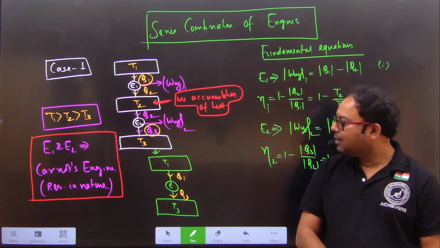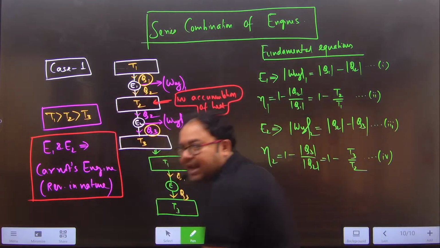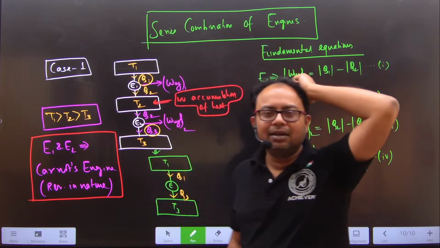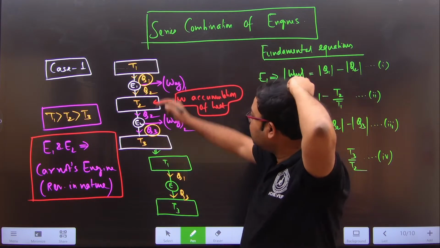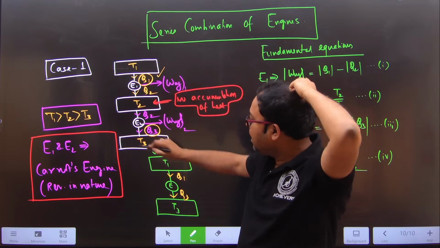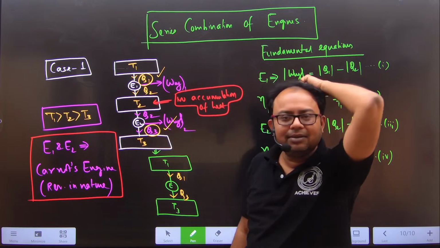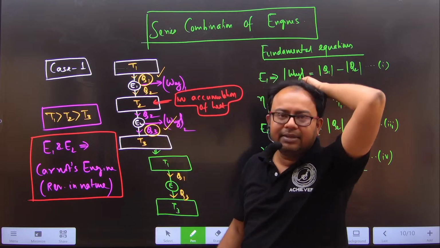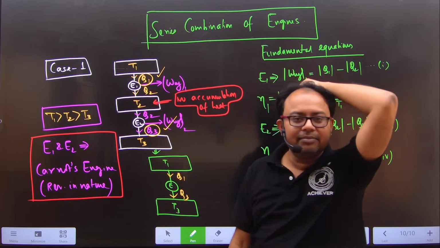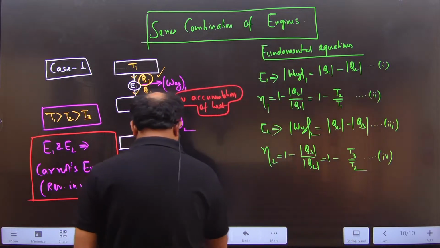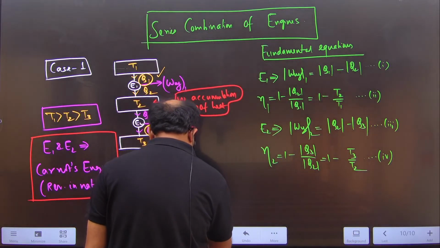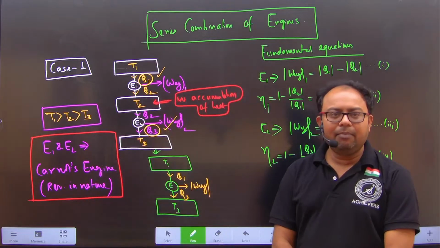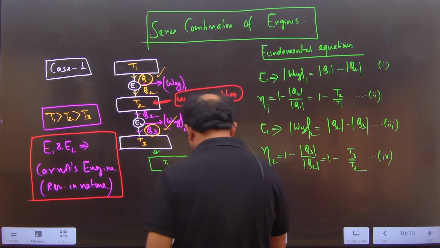This entire combination E1 and E2 has been replaced by a single engine E. And let the work be W cyclic.